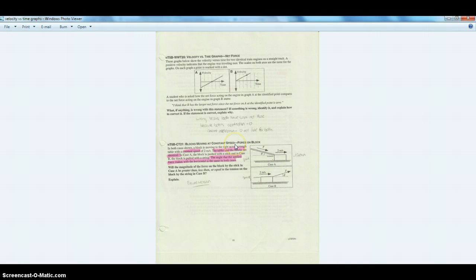Will the magnitude of the force on the block by the stick in case A be greater than, less than, or equal to the tension on the block by the string in case B? I put equal tension, not only because the tables and blocks are identical, but because they have a constant speed of 2 meters per second, and the angle applied is the same for both cases.